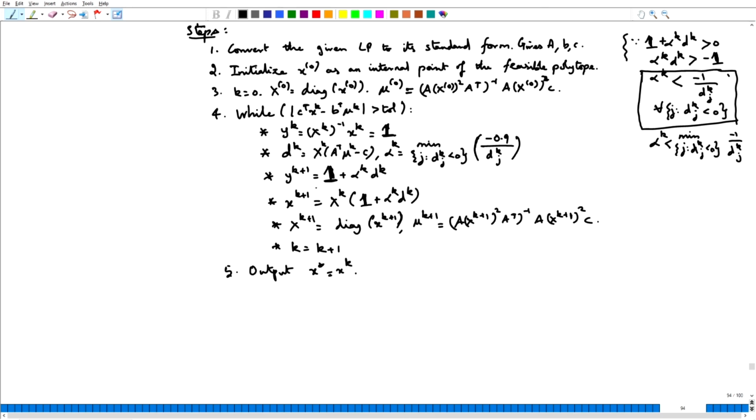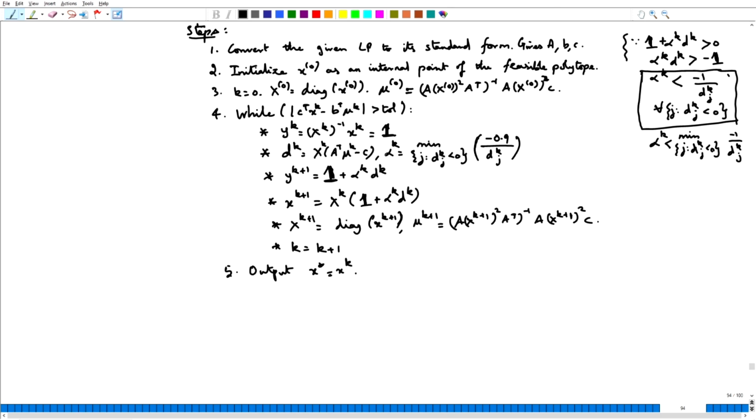In the centered feasible set, we do the movement 1 plus alpha k dk. And while decentering, we multiply by capital X k, so it is capital X k into 1 plus alpha k dk.